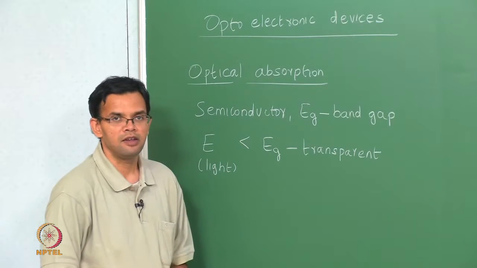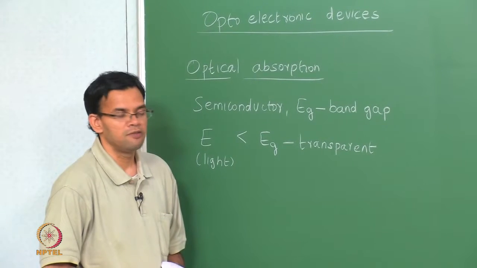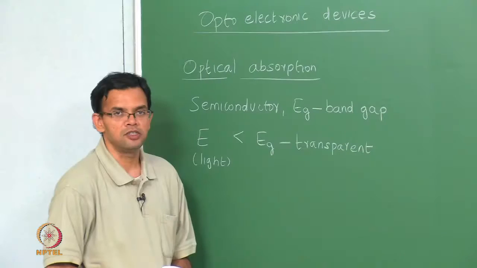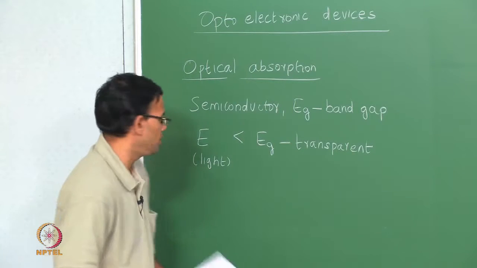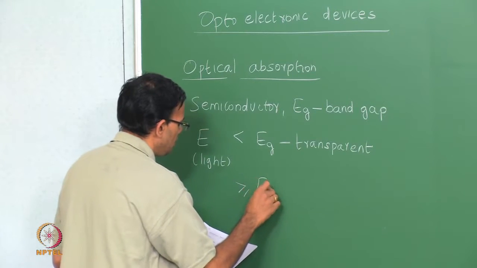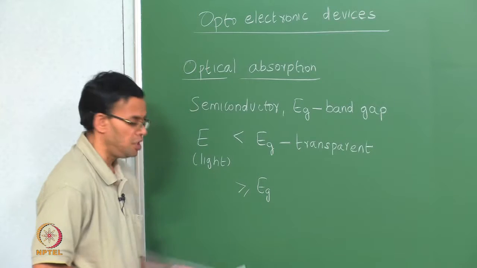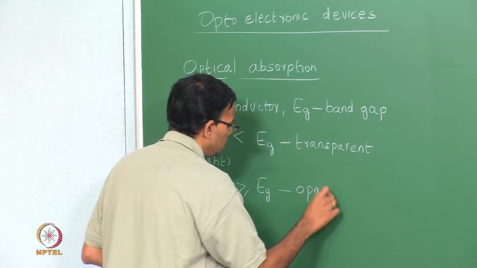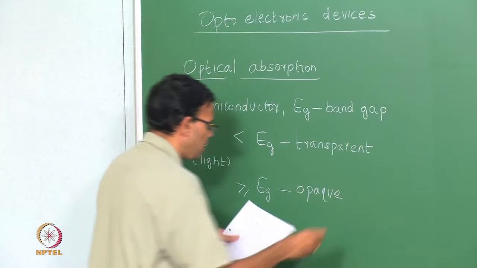So, you could have scattering of light from the surface. If your semiconductor is polycrystalline, you could have scattering from the various interfaces, but overall there is no optical absorption per se. On the other hand, if E is greater than Eg, then we say that your semiconductor is opaque. It will essentially absorb the light.